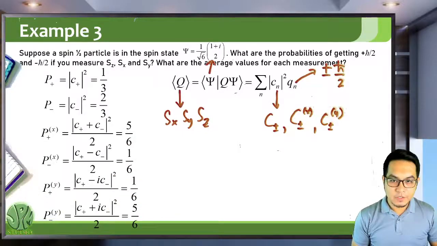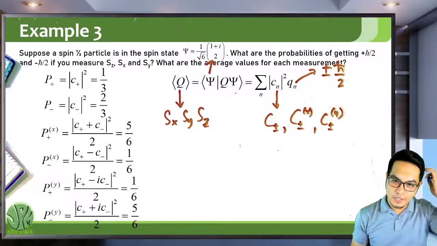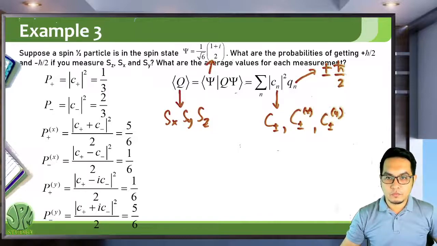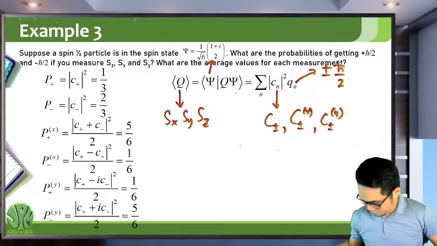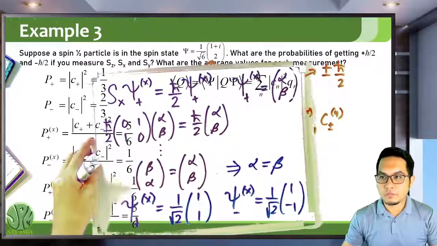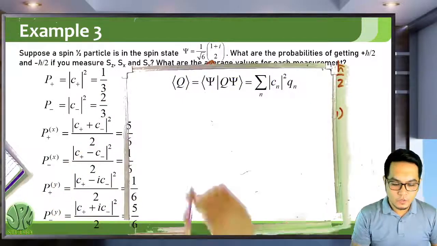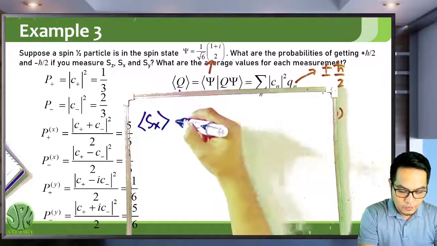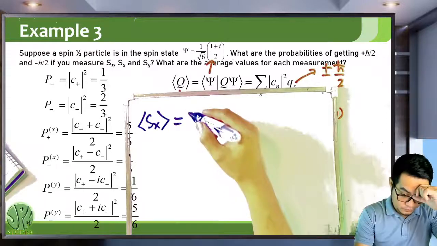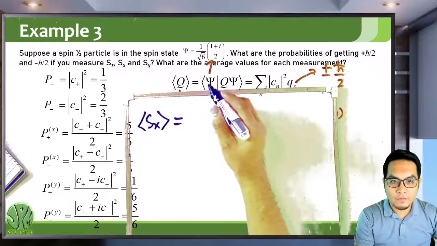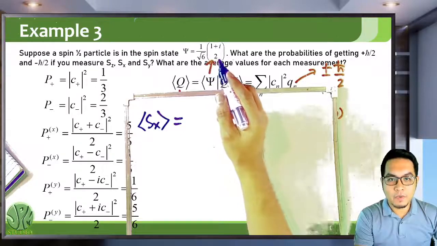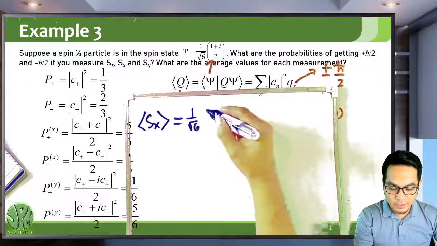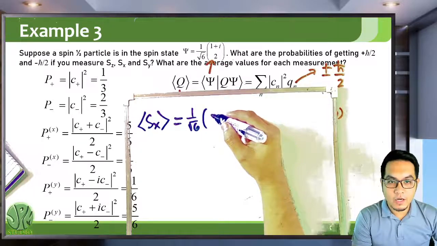So for example, if I want to take the average Sx, so if I'm gonna measure Sx, the average value of Sx, I'm gonna use the first formula. So you will have the bra. The bra version is the transpose conjugate of this. So you will get 1 over square root of 6, and it now becomes a bra row matrix.